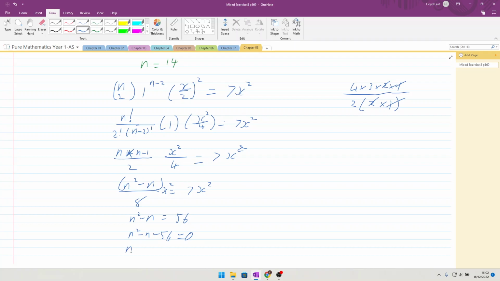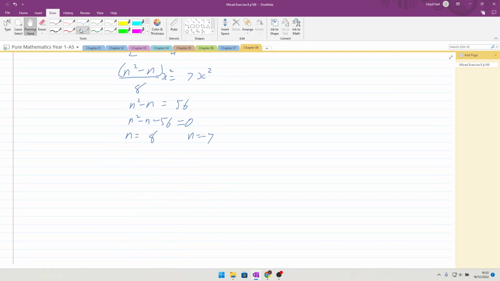We get a value of n equal to 8 or n equal to minus 7. We were told it was positive, so we can disregard the negative. n equals 8. That was a bit harder than it first looked.